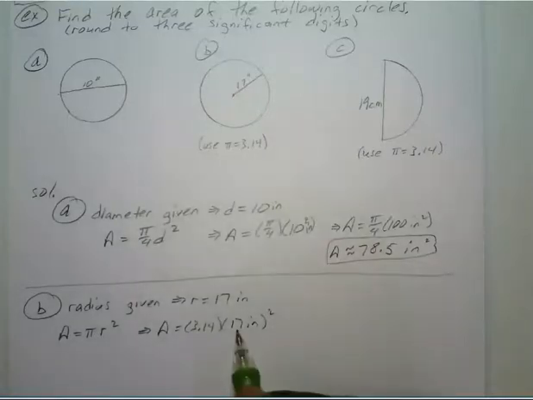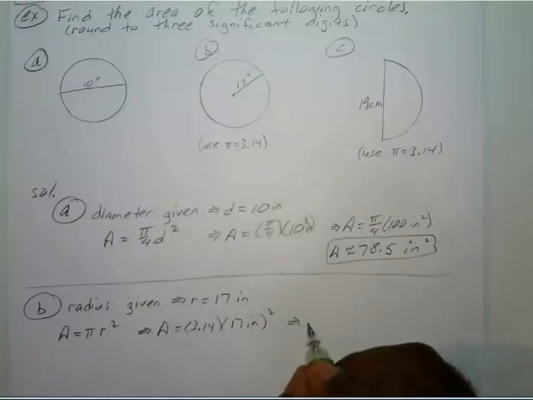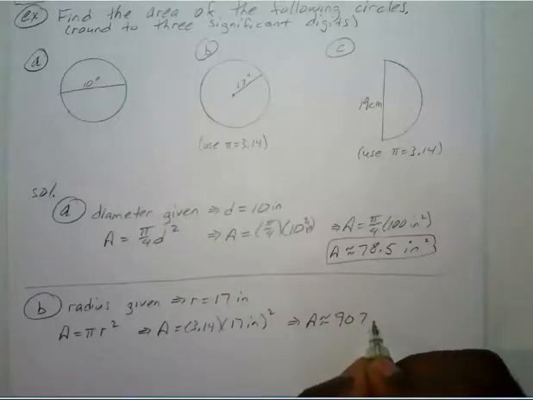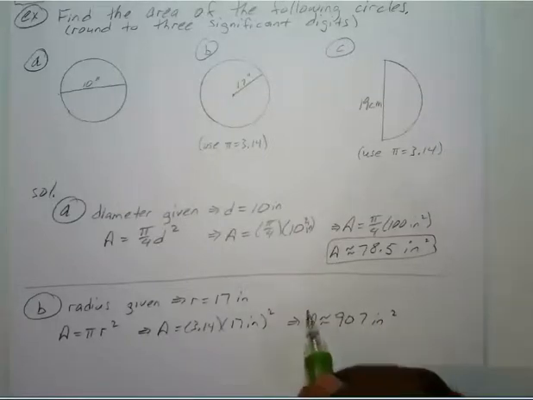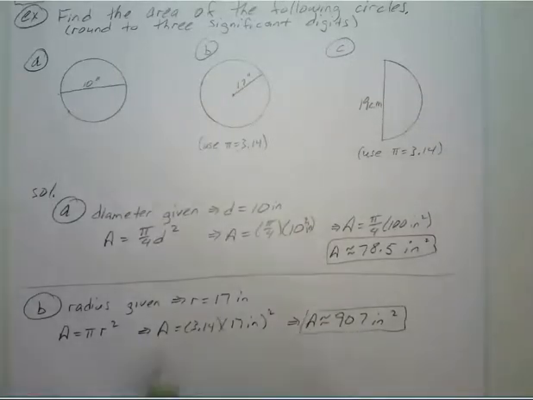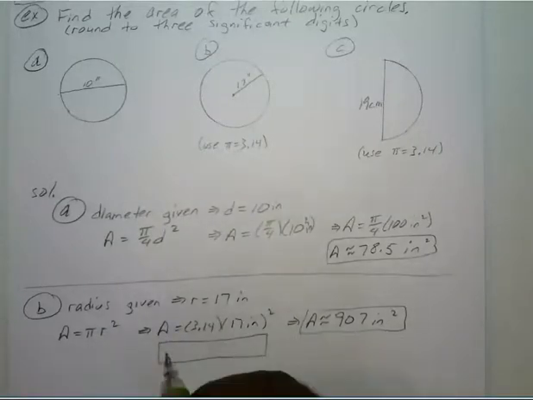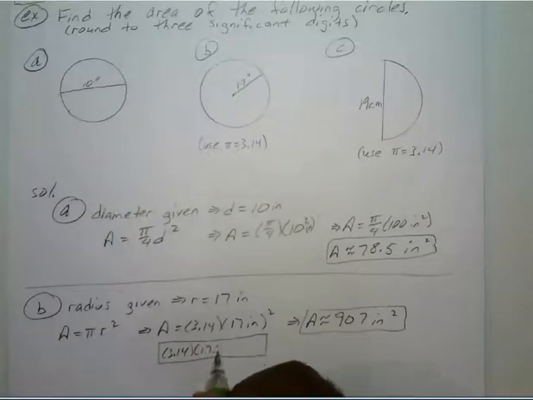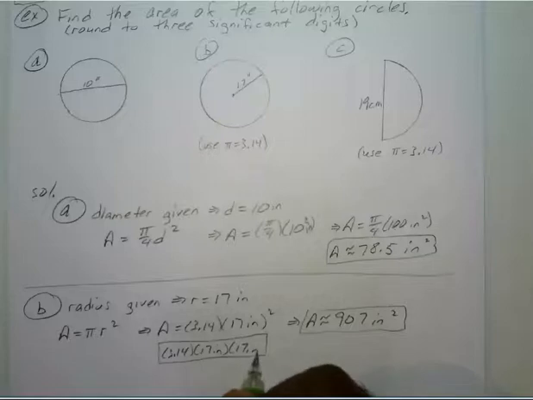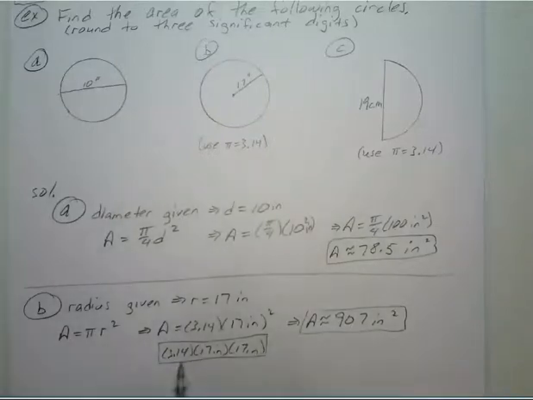So if we get 17 times 3.14, we will end up with our area equaling approximately 907 square inches. Now remember this part here, I kind of skipped a step, but this is just 3.14 times 17 inches times 17 inches. So you multiply those three, and you'll get this.